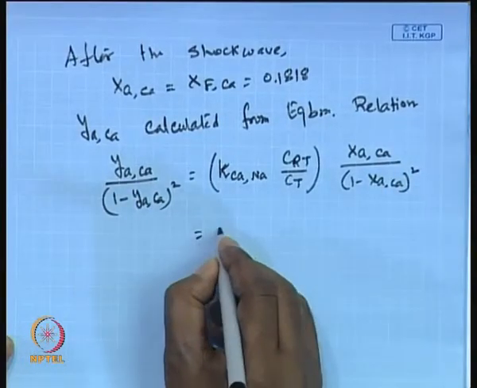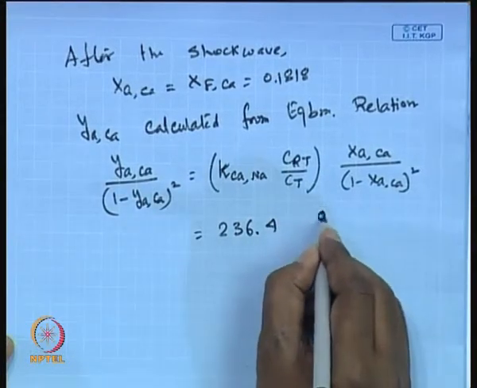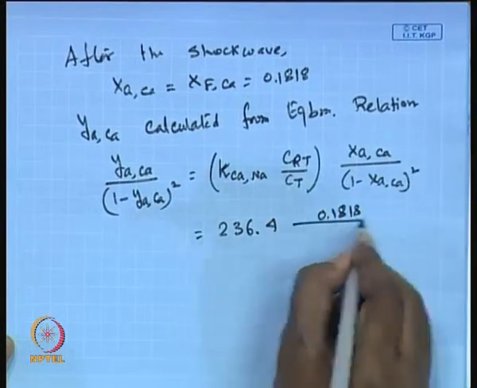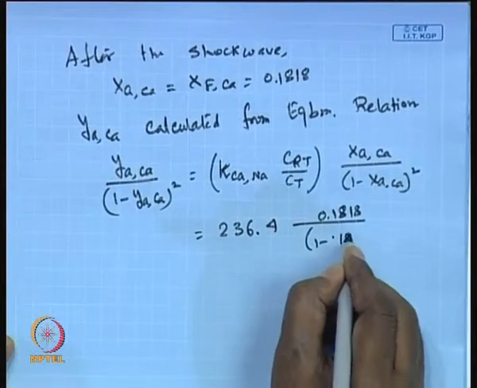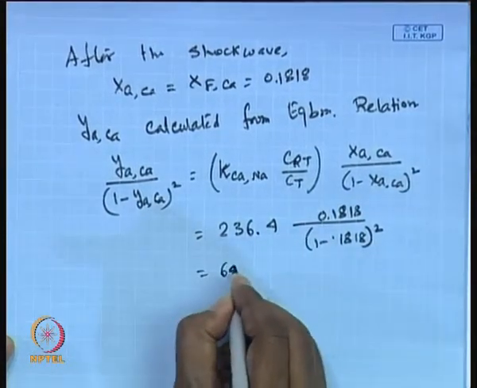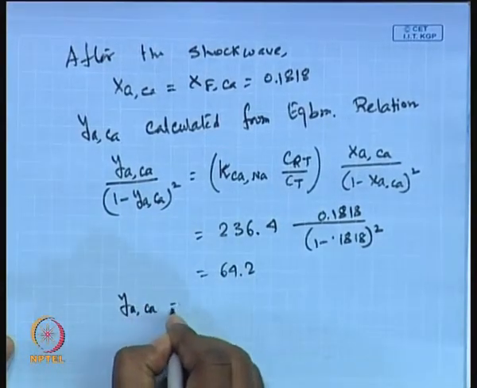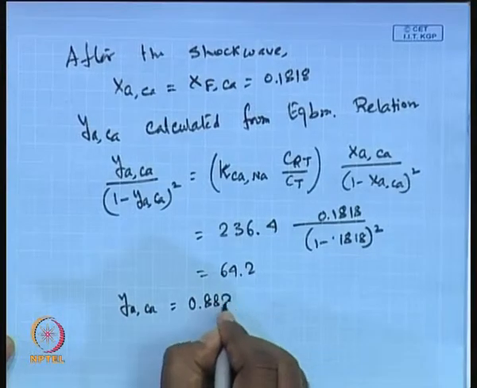So, this turns out to be, just put the values, 236.4 times 0.1818 divided by 1 minus 0.1818 square of that, and this is 64.2, and now if you can calculate the Ya Ca, it turns out to be 0.8827.